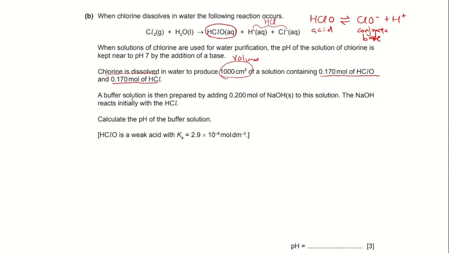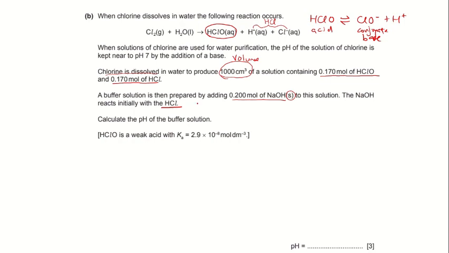And to prepare a buffer solution, 0.2 mole of sodium hydroxide is added to this solution. The solid sodium hydroxide is added, so the total volume does not change, still 1000. Now sodium hydroxide will react with both the HCl and also this HClO weak acid.